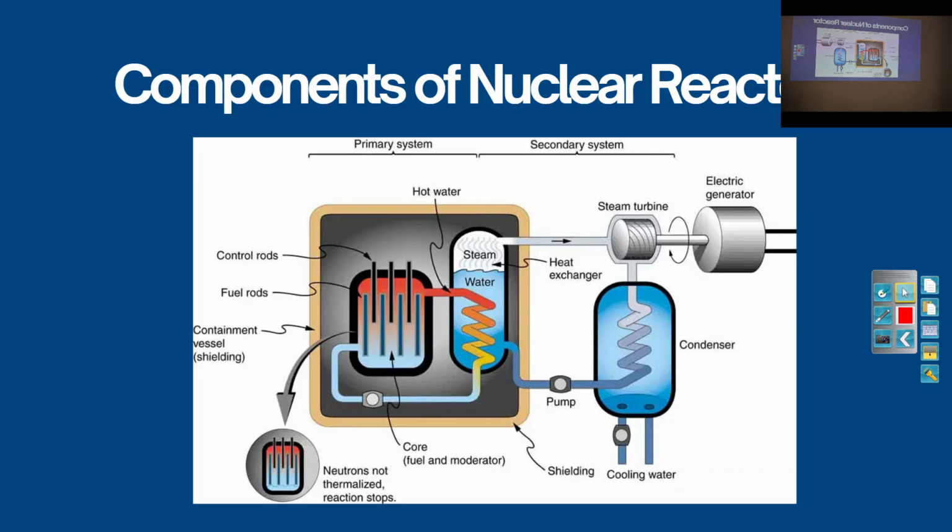And after that you can write one line. The heat generated by the chain reaction of the nuclear fission produces steam.